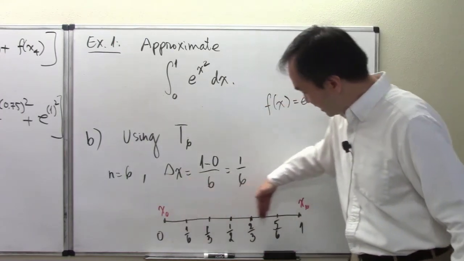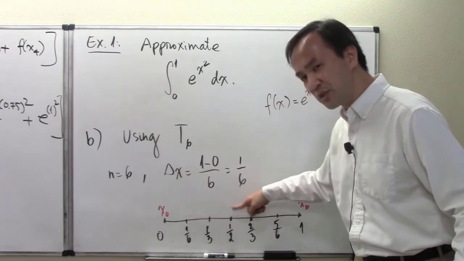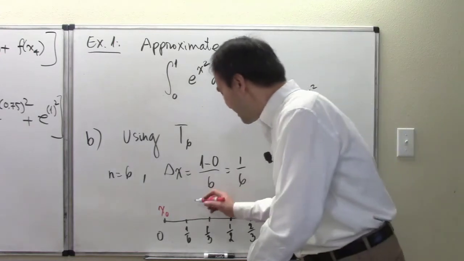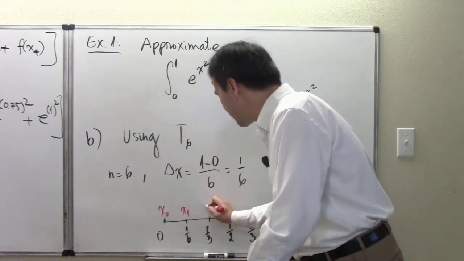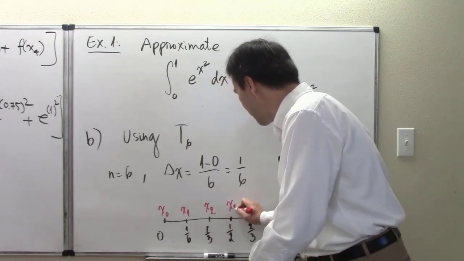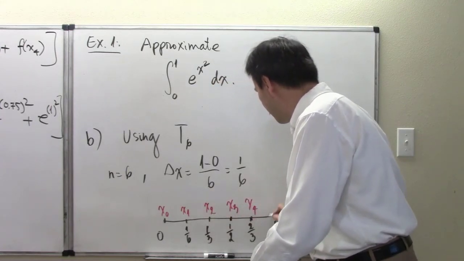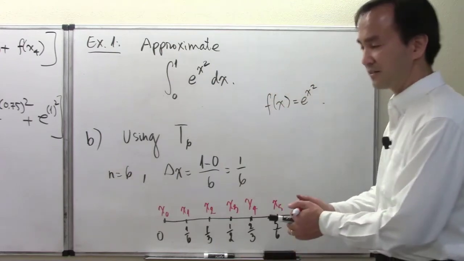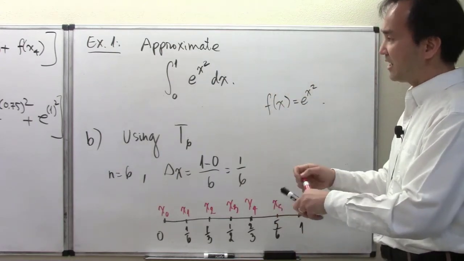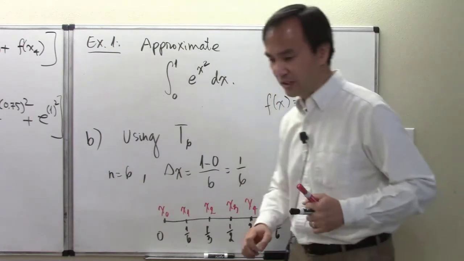And then any of the other ones in between are going to be x1, x2, x3, and so on. So this is x1, this is x2, this is x3, x4, okay, and x5, the very last one before that. All right, so we are now ready for heading out to the other board.